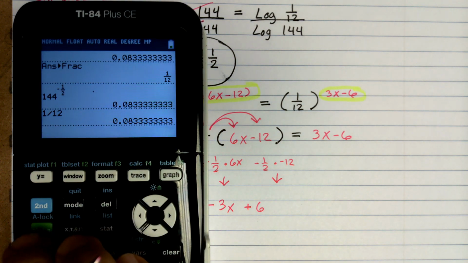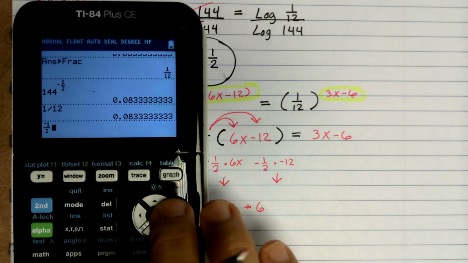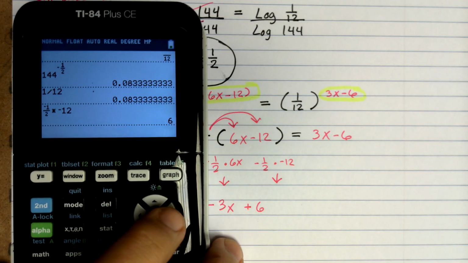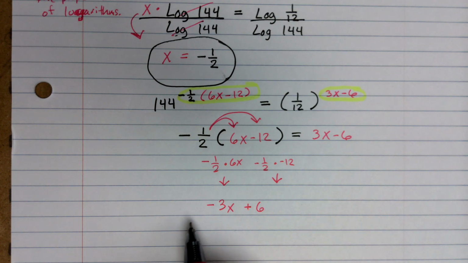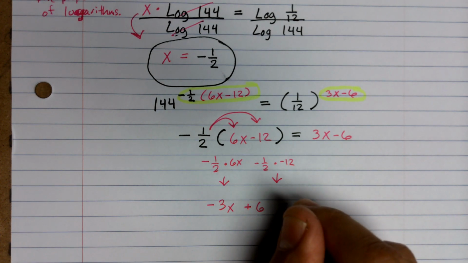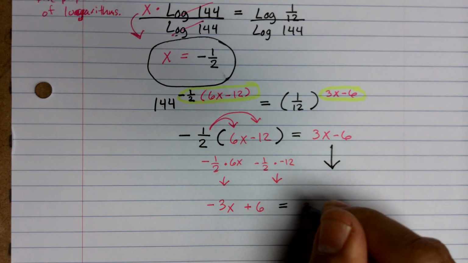You could have put in negative 1/2 and multiplied that by negative 12, and it would have given you 6. So you don't have to do these in your head like I am. Now this is going to be equal to this whole expression over here on the right, 3x minus 6.